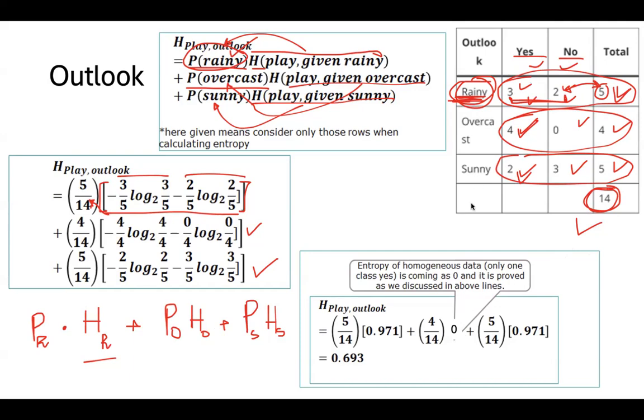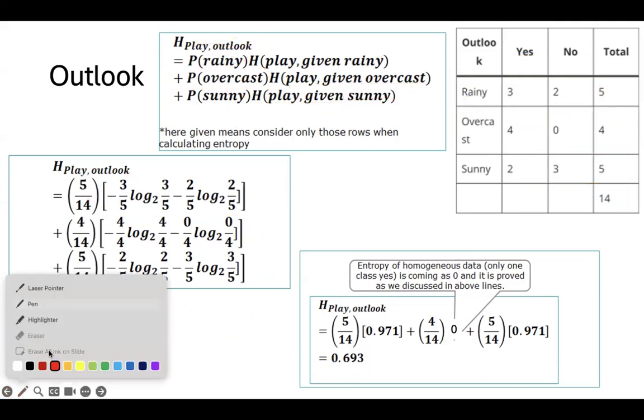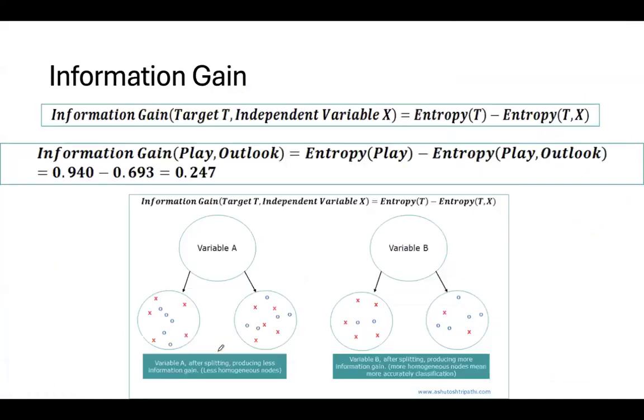If I calculate this, the answer comes out to be 0.693. And what was the original entropy in the system? 0.94, if you remember from the previous slide. So what is the reduction in entropy? The reduction in entropy is called information gain.